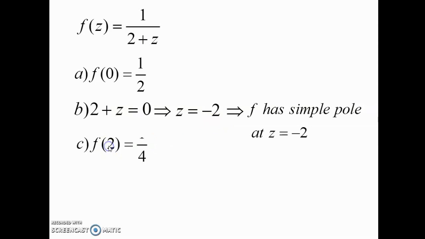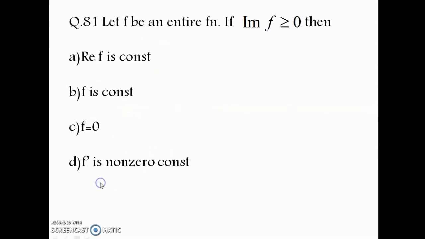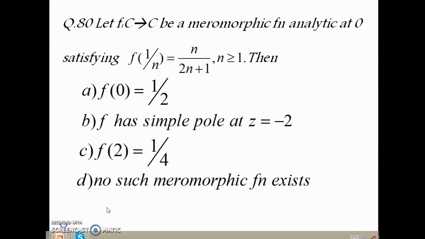And the third option is asking about the value of f at 2. So substitute 2 in this. So you'll get 1 by 4. And the last option is asking about no such meromorphic function exists. But we have got f of z is equal to 1 by 2 plus z.